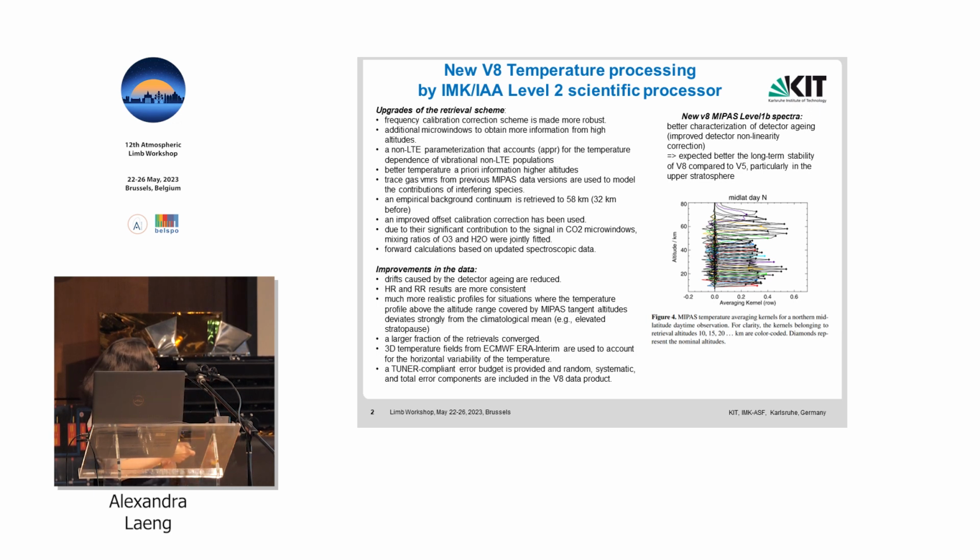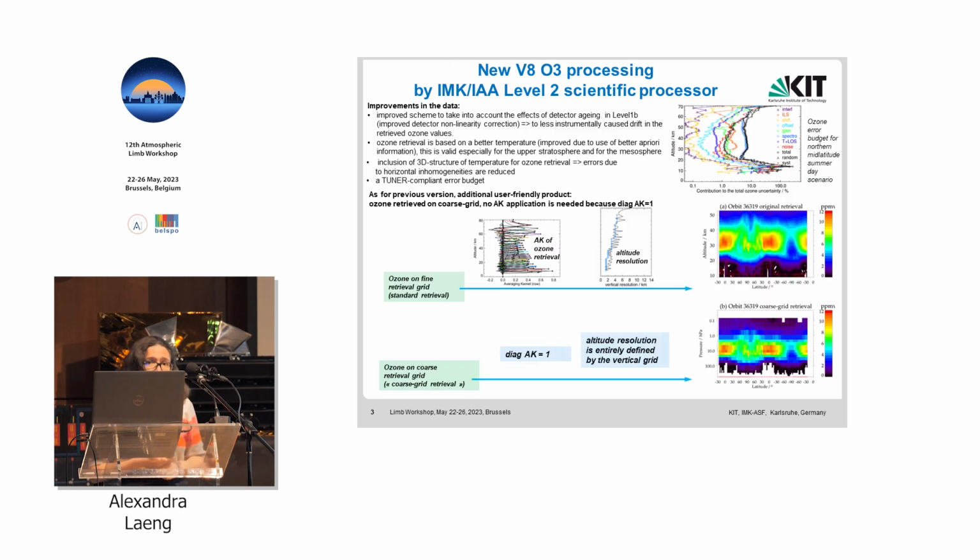What is shown here on the plot is just an example of the averaging kernels of the temperature retrieval for the northern mid-latitudes. So this was about the temperature processing. For the ozone processing, what improvements do we expect in the data? The improved scheme takes into account the effects of detector aging in level 1B, so the improved detector non-linearity led to less instrumentally caused drift in the retrieved ozone values.